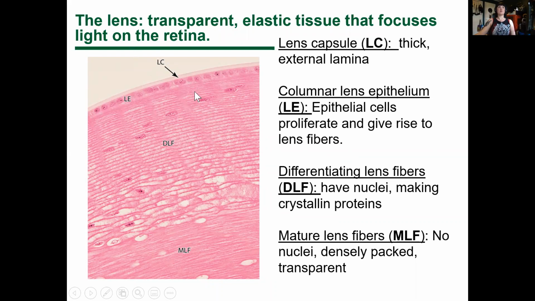So you can see that there's these little guys, which give rise to these cells, and you can see the relative age by their proximity to the mature lens fibers. And as they differentiate, they begin making what are called crystalline proteins, which is what it sounds like. They're special proteins with special optical properties.